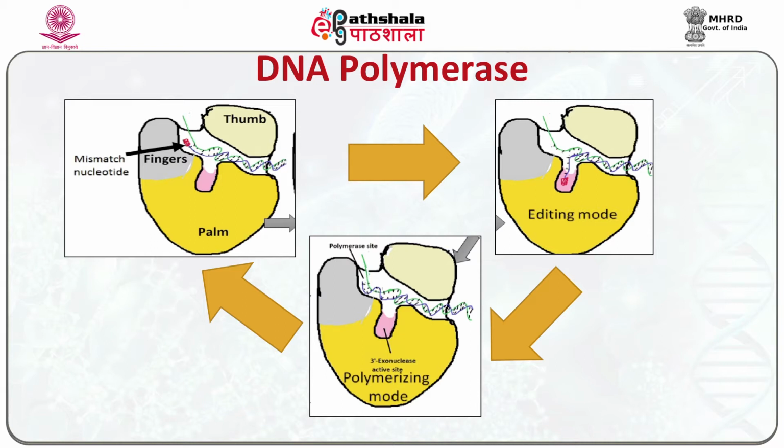Polymerization by DNA polymerase at synthesis site is not 100% foolproof, as incorrect base pairs are incorporated at a rate of 1 base pair for every 10^5 base pairs polymerized in the newly synthesized strand. DNA polymerase, apart from polymerizing activity at 5' to 3' site, also possesses 3' to 5' exonuclease activity to eliminate errors inserted during replication.